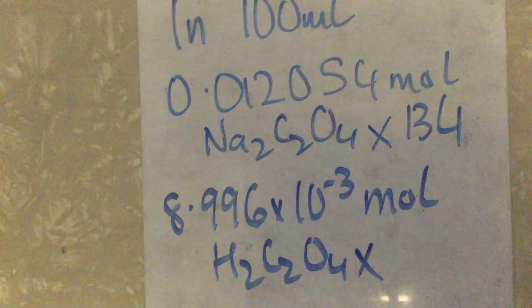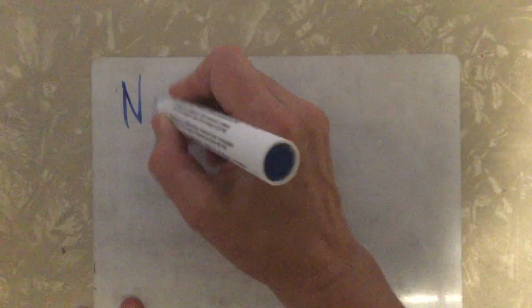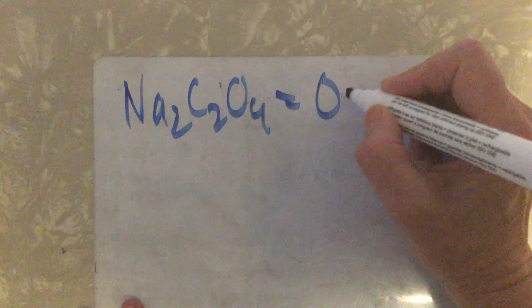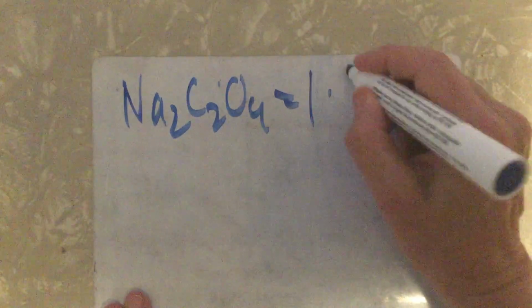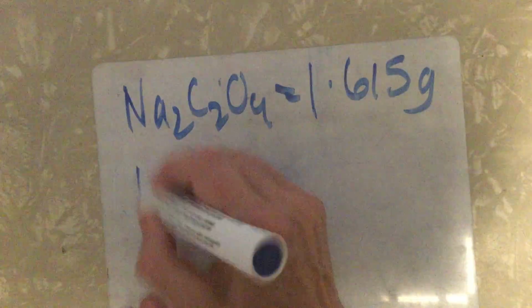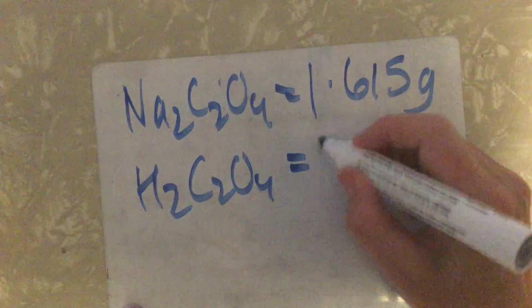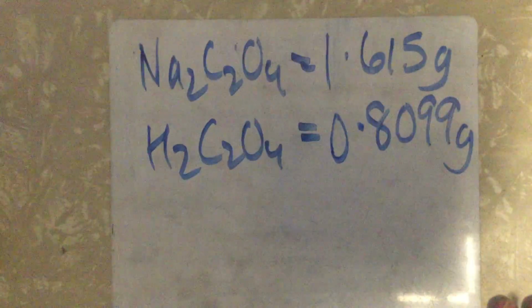And we need to multiply that one by the molar mass of that one, which is 90 grams per mole. And that is going to give us the following numbers. So the Na2C2O4 is going to be 1.615 grams. And the H2C2O4 gives us 0.8099 grams. And they want a mass fraction.